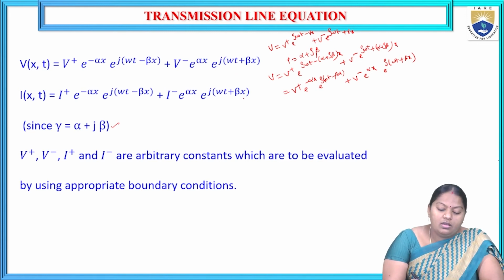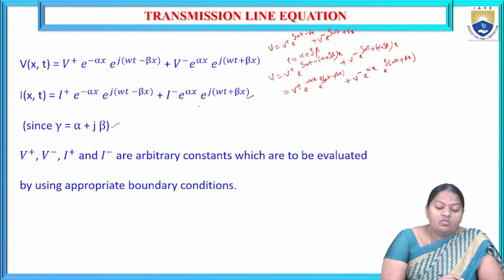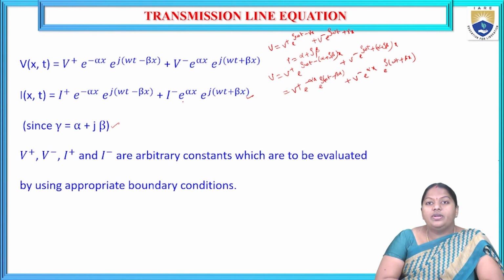In a similar way, the equation for current, I of x comma t, equals I plus e power minus alpha x into e power j into omega t minus beta x, plus I minus e power alpha x e power j into omega t plus beta x, where V plus, I plus and V minus, I minus are arbitrary constants which are to be evaluated by using appropriate boundary conditions, right?